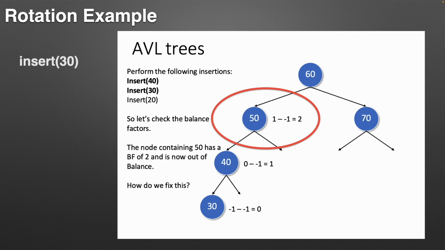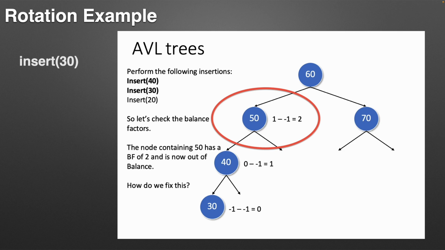So 50 has 2 children then? Its balance factor is 2, and that is based on the fact that its left child has a height of 1, and its right child, which is null, has a height of -1. And when we put that through the balance factor calculation, 1 minus minus 1 gives us a +2.